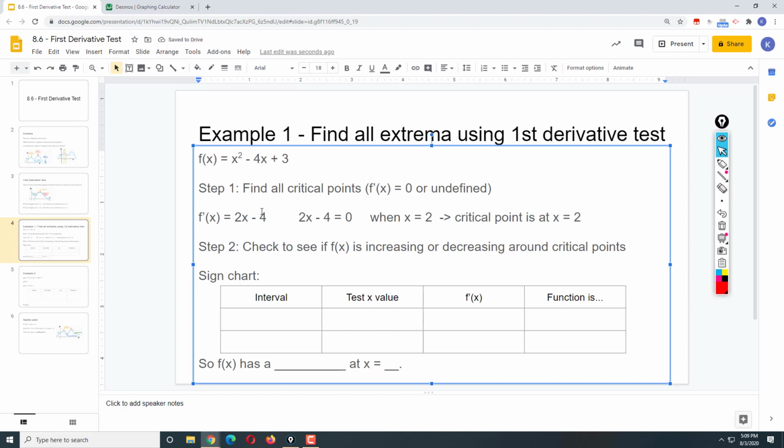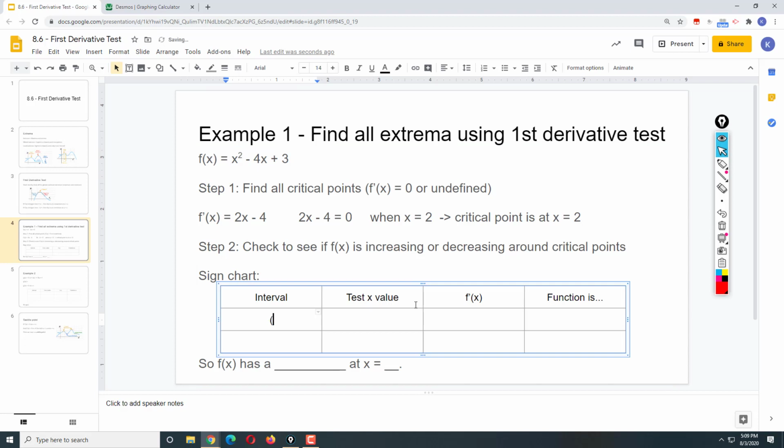Now we want to check to see if our function is increasing or decreasing. In other words, whether our derivative is positive or negative around x equals 2. So in the interval negative infinity to 2, let's try x equals 1. When x equals 1, the derivative is negative because 2x minus 4, 2 times 1 minus 4, is negative.